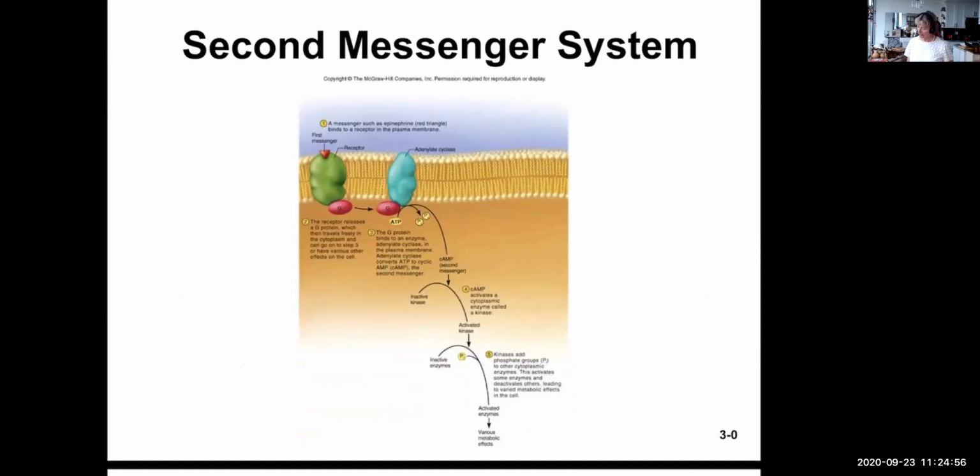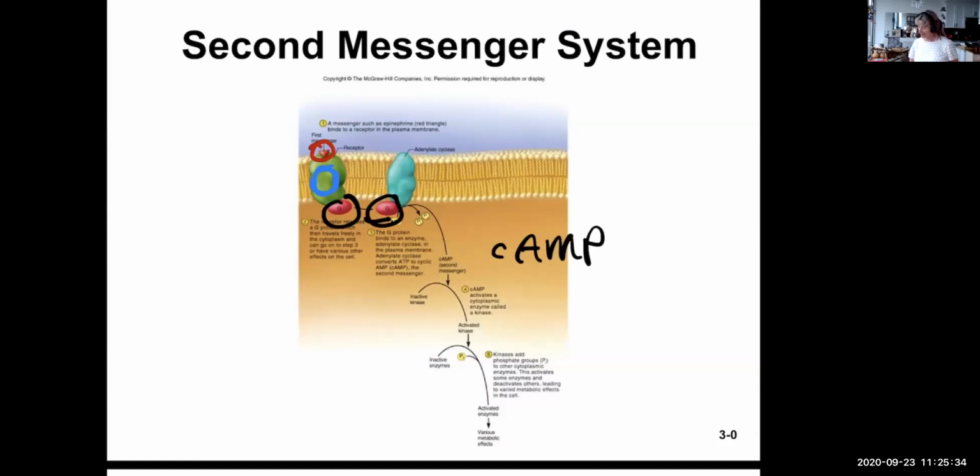So this is a figure that I encourage you to look at in the textbook. This is a second messenger system. It shows the receptor, which is here, getting a signal here, but that causes this protein to attach itself to something else. It all requires ATP. It triggers cyclic AMP. That's the second messenger, and that creates a series of reactions within the cell.